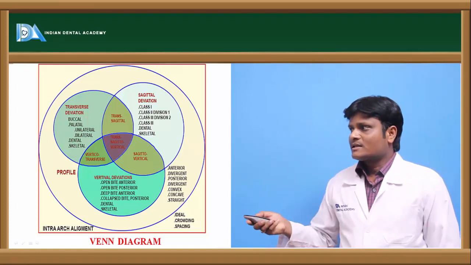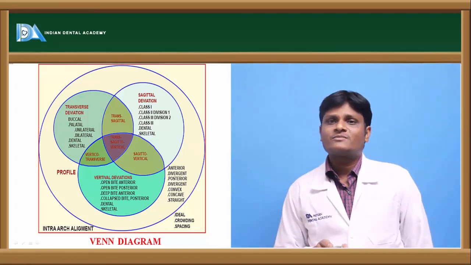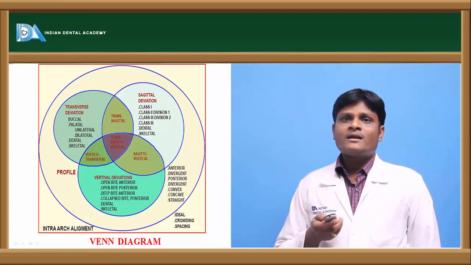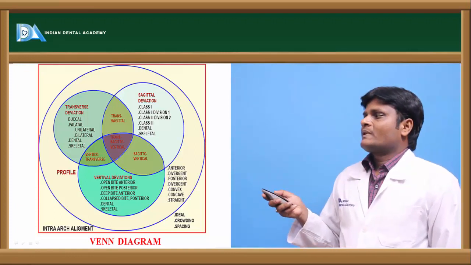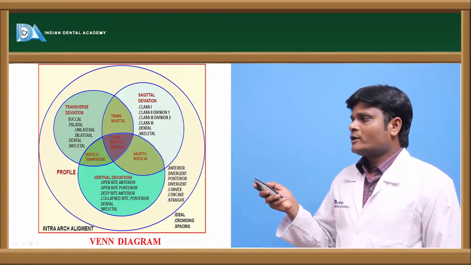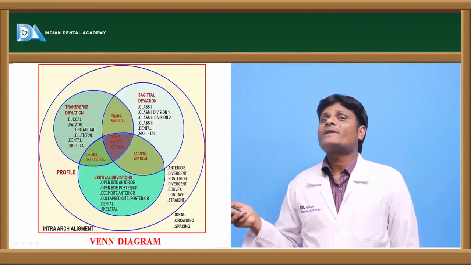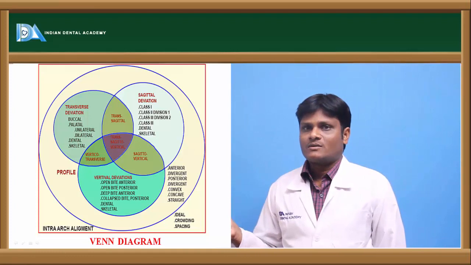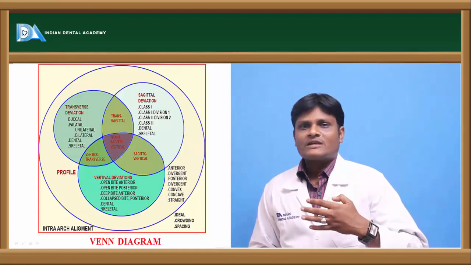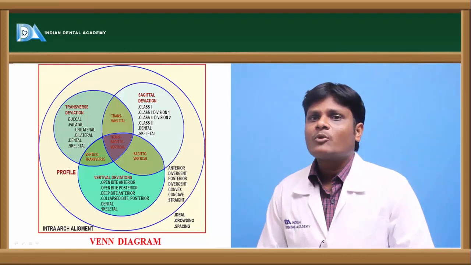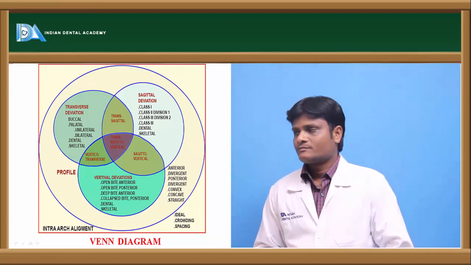Each of these 3 small circles indicates the relationship in the transverse plane, sagittal plane and vertical plane. So the point of intersection of all these 5 steps is a more complicated malocclusion. This is how the Ackerman and Proffit system gives a comprehensive idea about the characteristic features of a particular malocclusion.